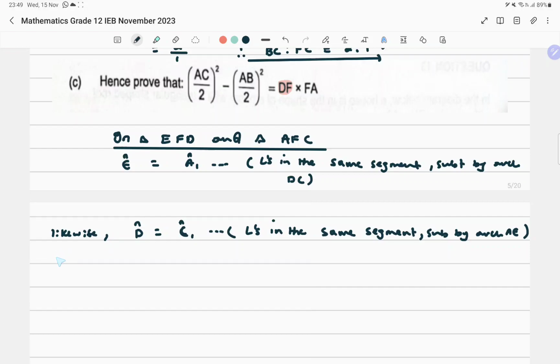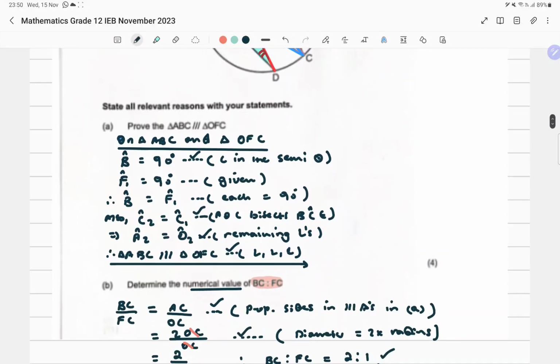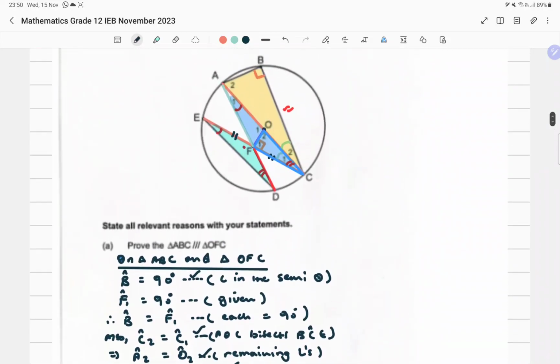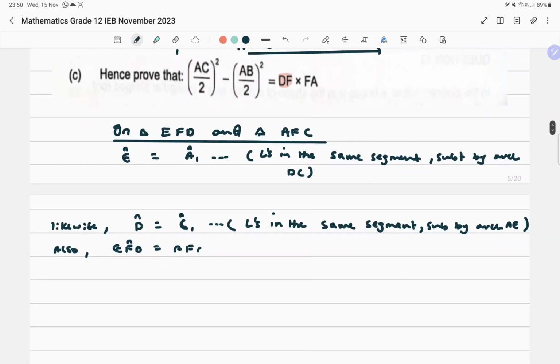Then we can say also, now I wanted to say that one, I know that EFD is equal to AFC. Now these are vertically opposite angles. Vertically opposite angles, so that's a grade 9 issue.